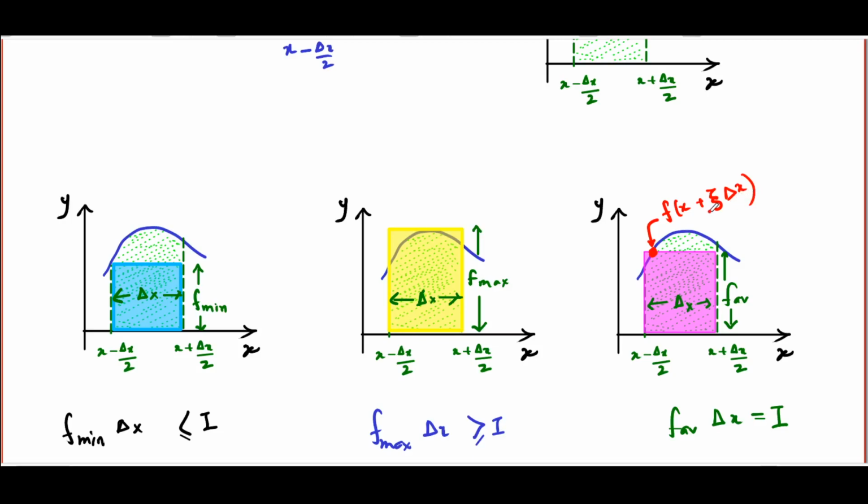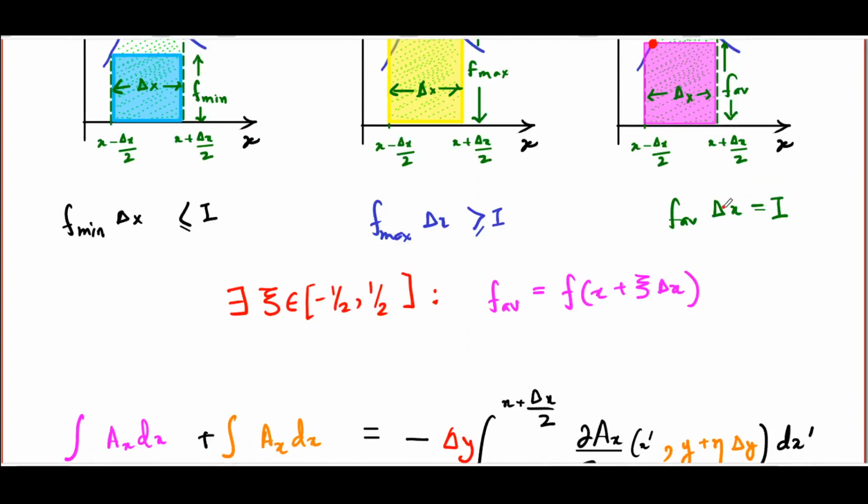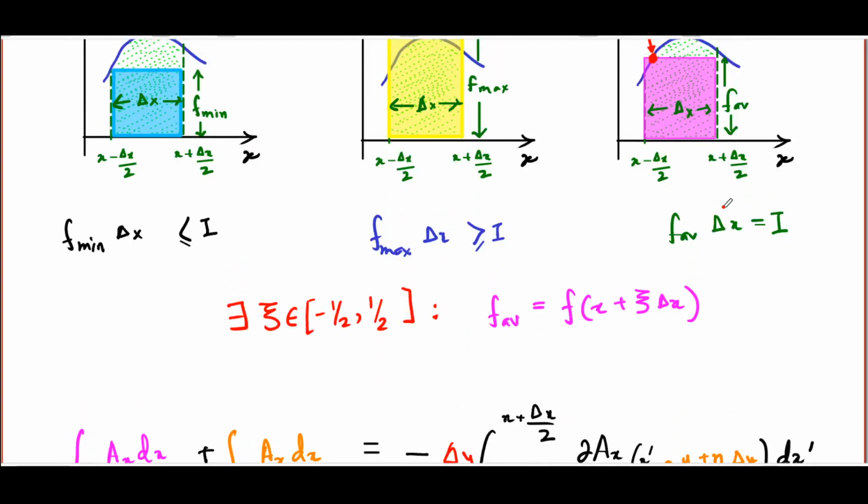So we have decided to call it x plus xi delta x, where xi is between minus half and plus half. Formally, what we can say is there exists a xi between minus half and plus half, such that f average is f of x plus xi delta x, and the integral I is simply going to be f of x plus xi delta x times delta x.